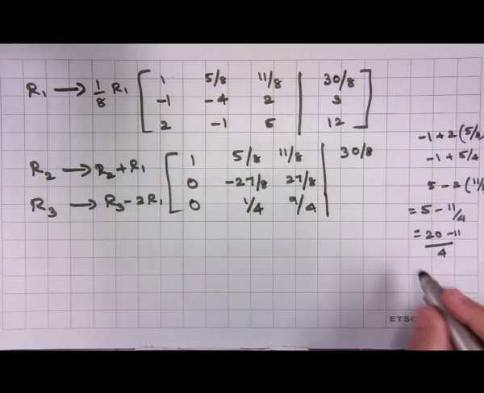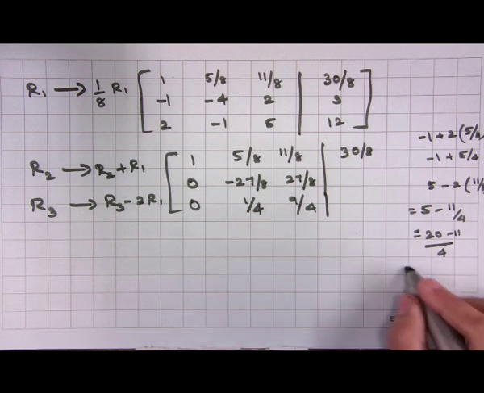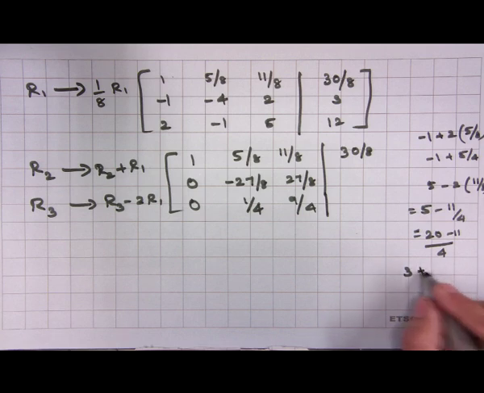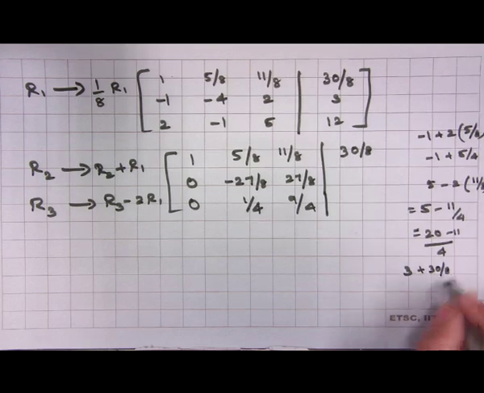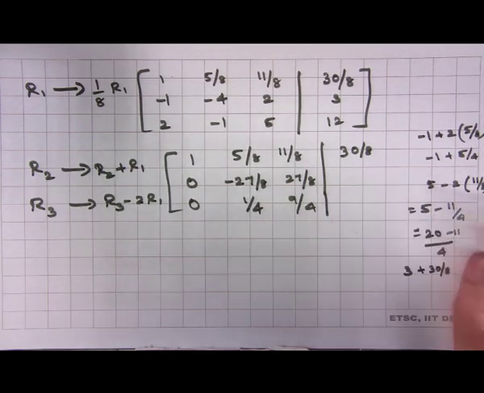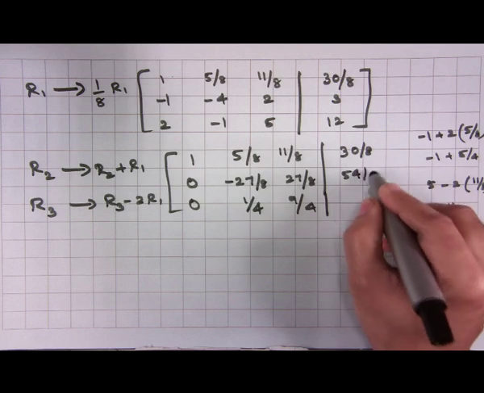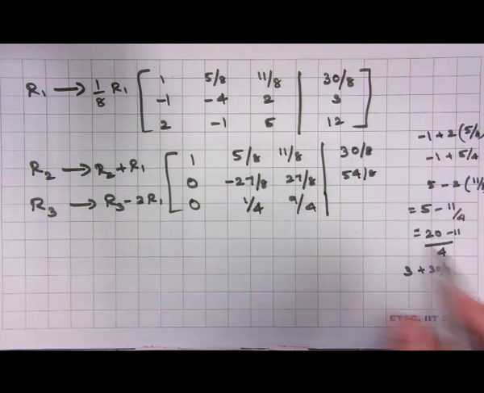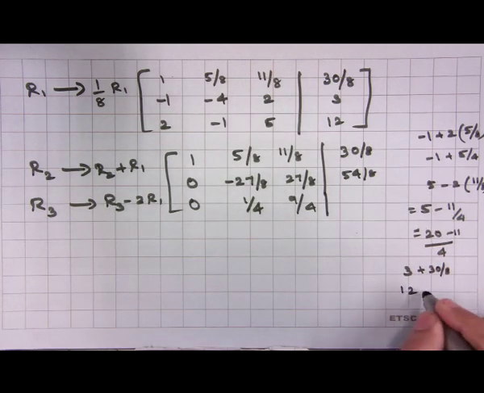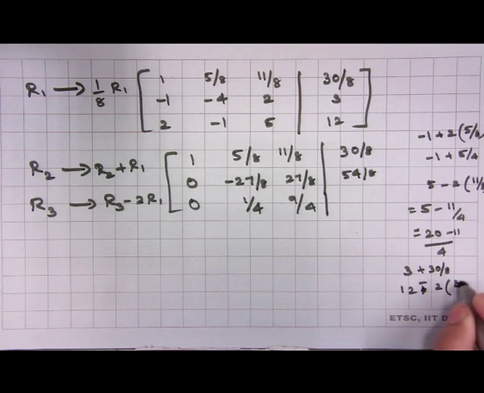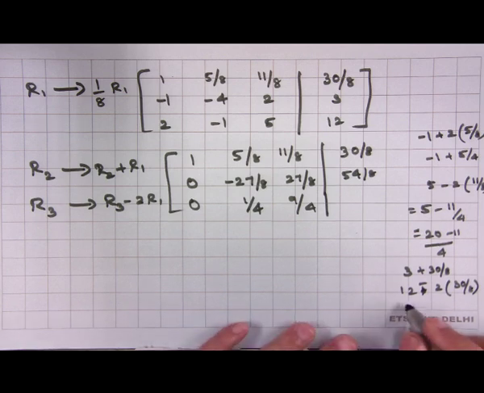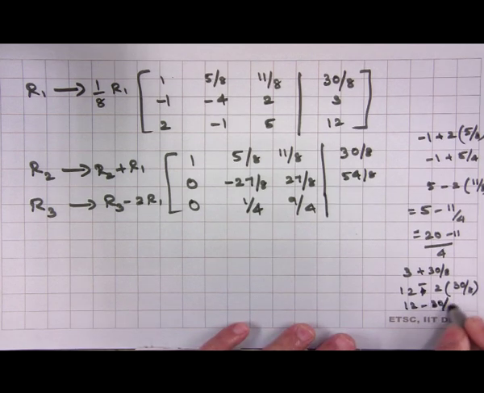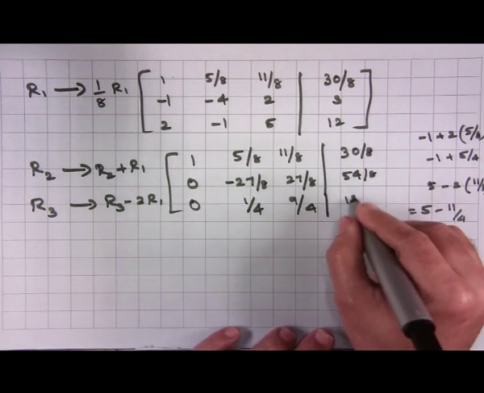So, these terms 3 into 3 plus 30 by 8, 24 plus 30, 54 by 8 and then finally, I will have 12 minus 2 times 30 by 8 which is 12 minus 30 by 4. So, 48 minus 30 which is 18 by 4.